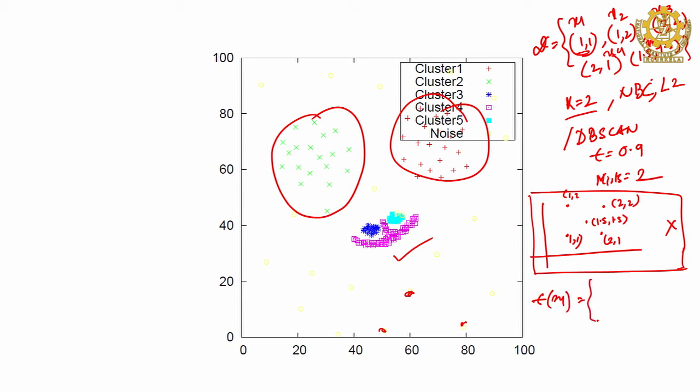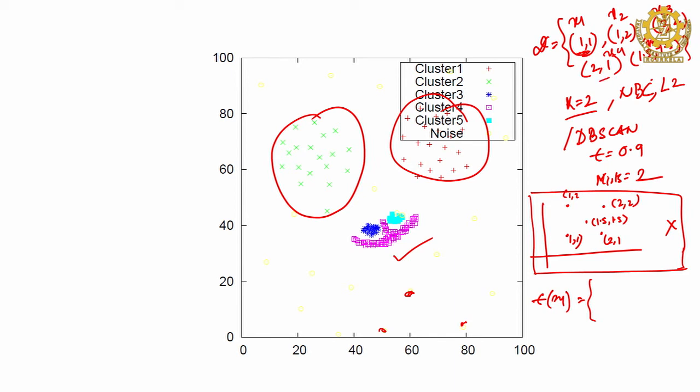You compute the distance from x1 to x2. What will be the distance? That is 1, right. The value of epsilon is 0.9, so you cannot include the point x2. Then the distance from x1 to x3 is also 1, so it will not be included. Then x1 to x4 is the same.